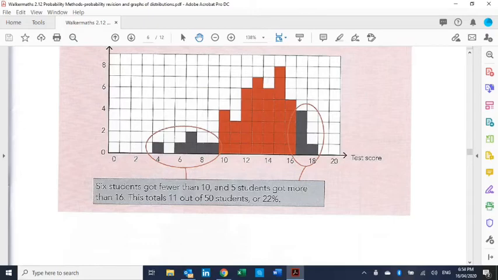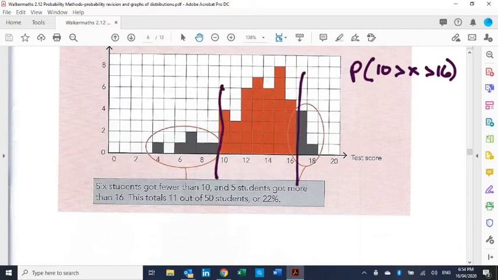So this one is a compound probability: 10 is bigger than your x, or your x is bigger than 16. All right, so the numbers that you're looking for are on either end of that.